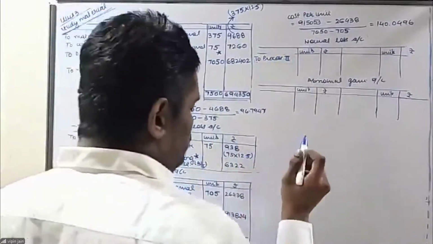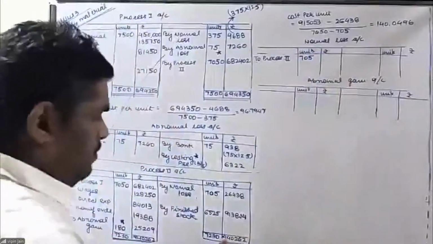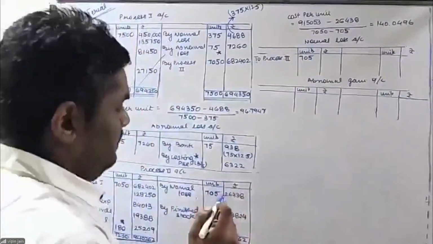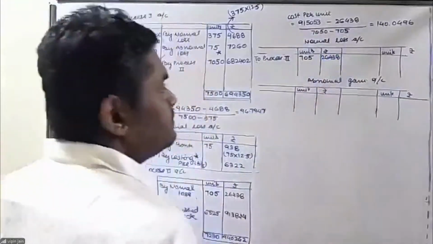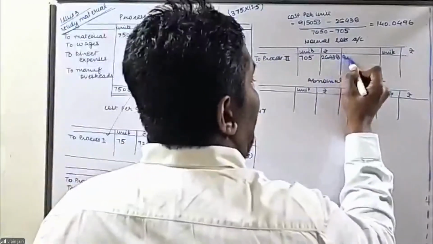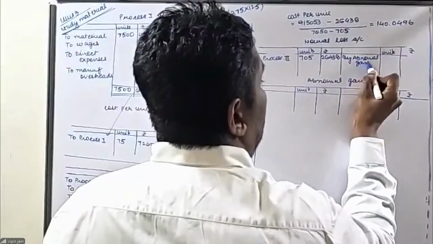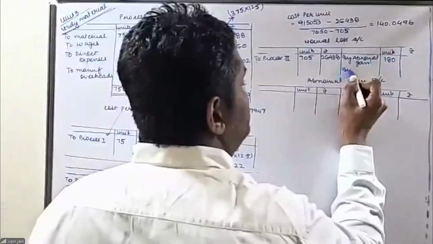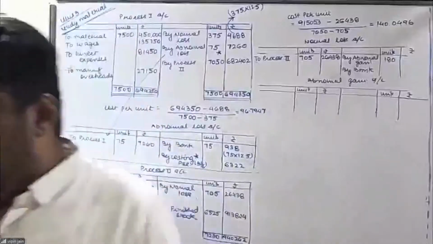is 705 and 26438. Now, of this 705 units, my abnormal gain is 180 units. It means the units that are sold in the market will be only 705 minus 180.